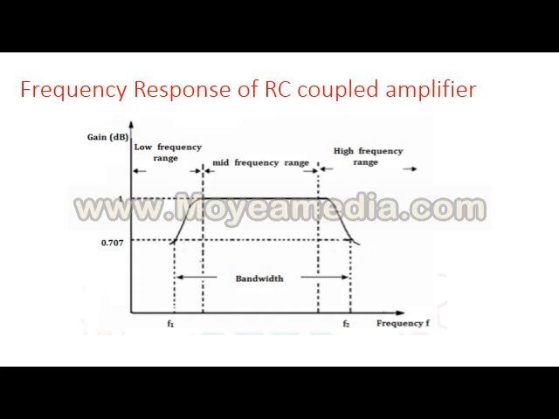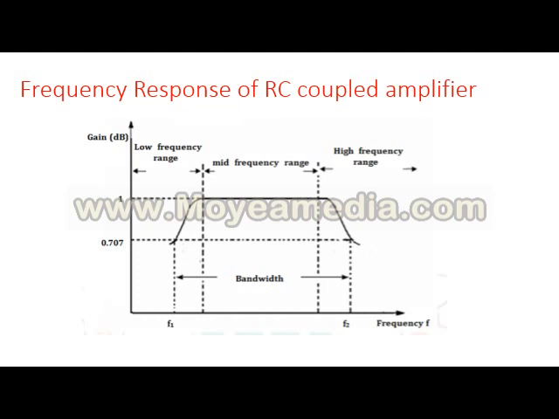So the frequency response of the RC coupled amplifier is drawn like this: frequency versus gain, and it contains three regions: low frequency region, mid frequency region, and high frequency region. From this diagram we can see that in the low frequency range the gain increases from a low value to a high value, or we can say that at low frequency the gain is less.